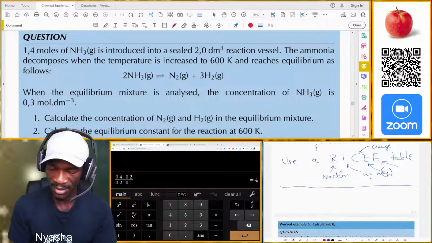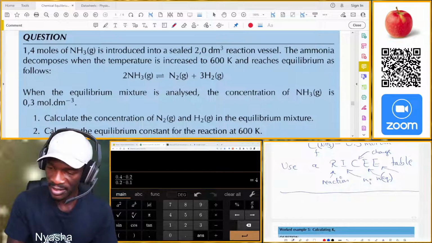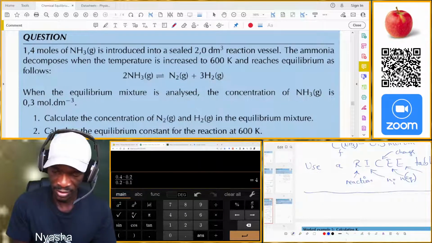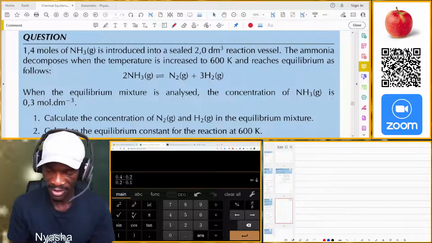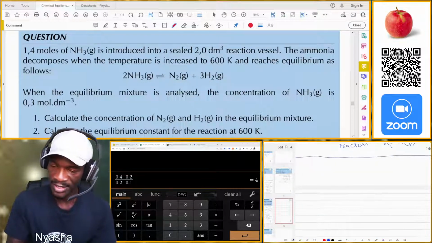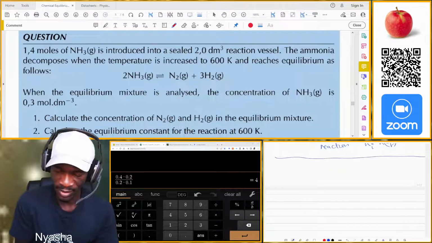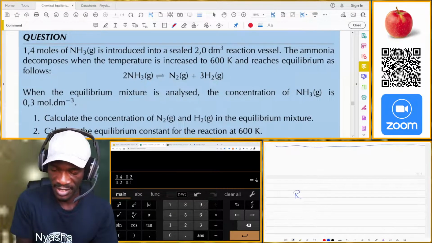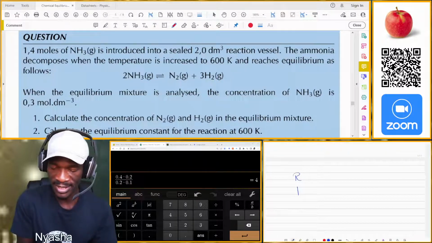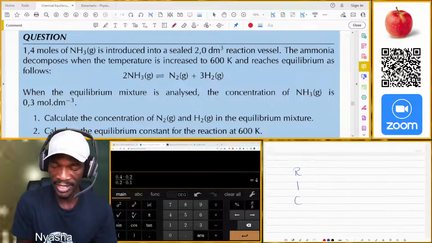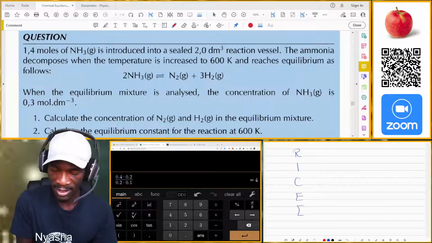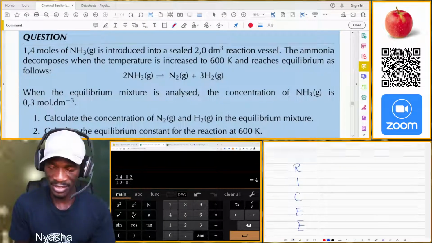So let's plot our Rice diagram. Let me create some space here and add a new page. Our table should have our reaction at first, our initial quantities, our change in number of moles, our equilibrium number of moles, and our equilibrium concentrations.